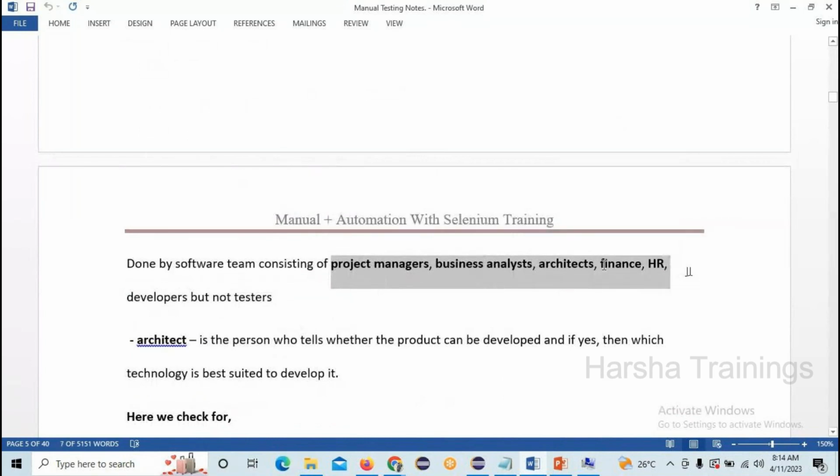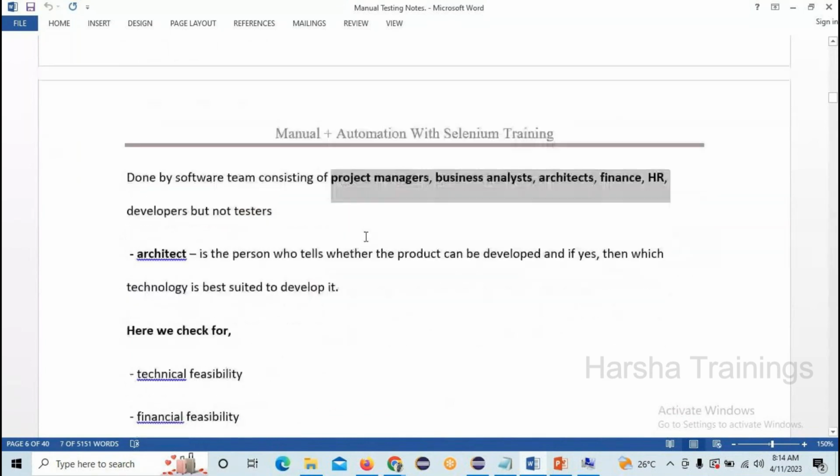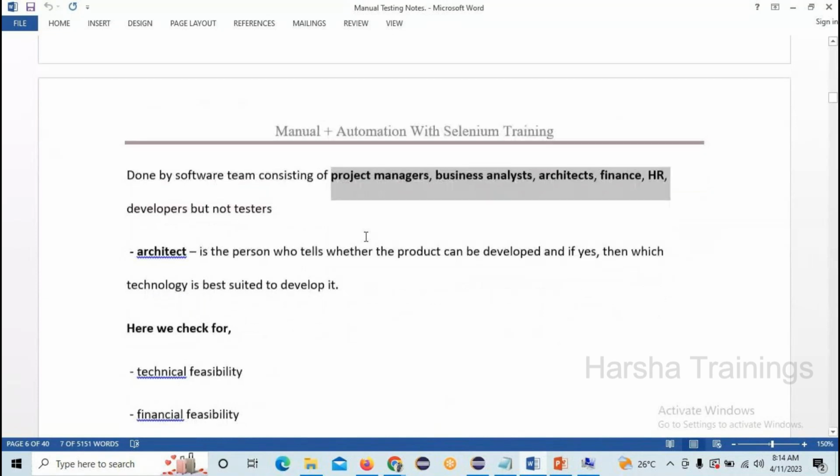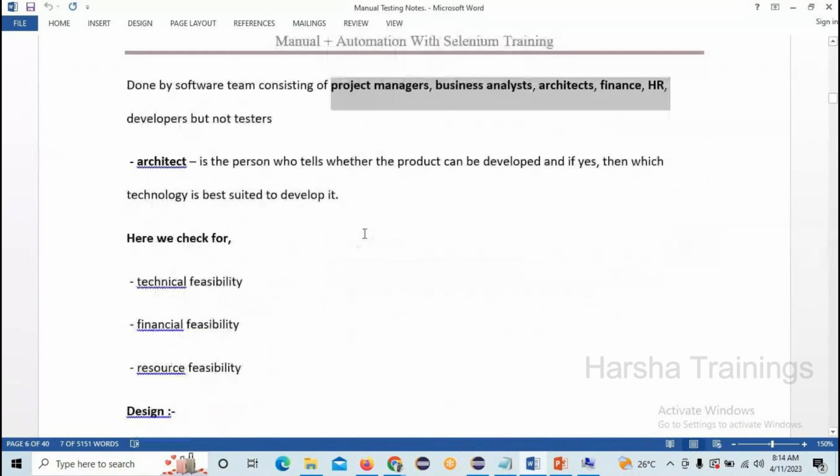These are the five parties who check the feasibility. What types of feasibility are they checking majorly? These three: technical feasibility, financial feasibility, and resource feasibility. Technical feasibility is whether the technology we have in our company is enough to start that project or not.